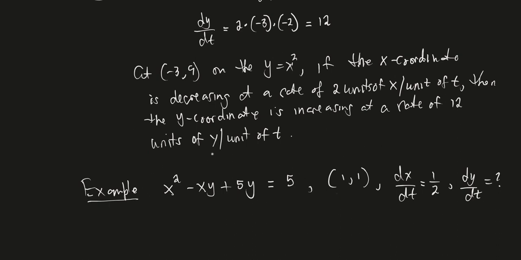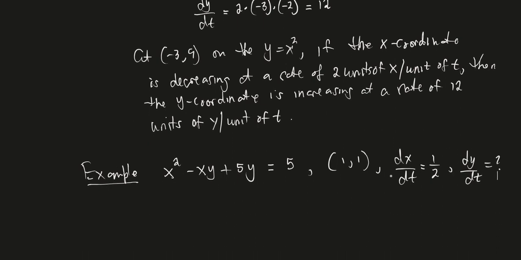It could be explicit like the one we just did with y equals x squared, or it could be implicit like this. You'll be given a point which represents an instant. So at the instant where x is equal to 1 and y is equal to 1, if we know that the rate of change of x is 1/2, what is the rate of change of y?